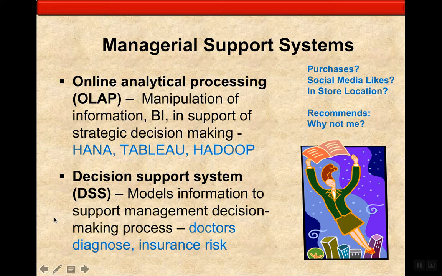Decision support systems, DSS, are basically models to help support decision-making processes. This is kind of the next level up, an analysis tool. Decision support is much more structured around specific areas and specific decision-making processes, like, for example, a doctor's diagnosis.